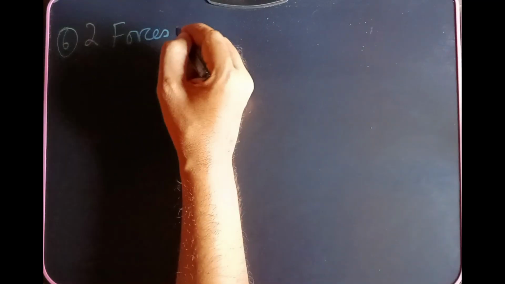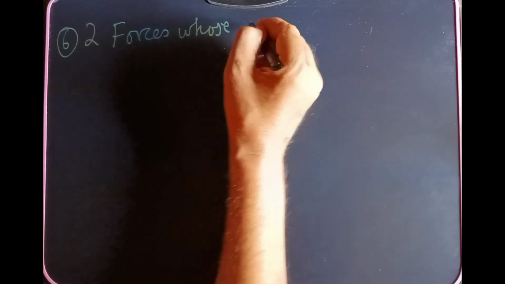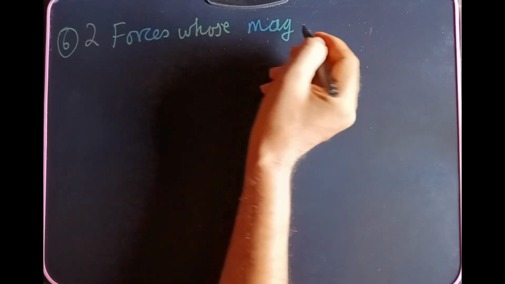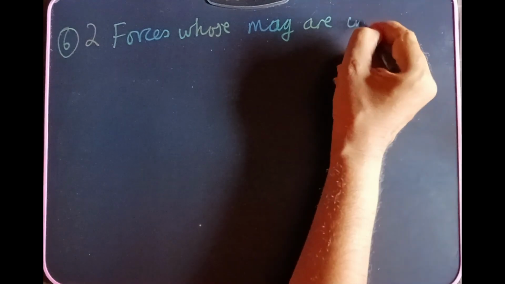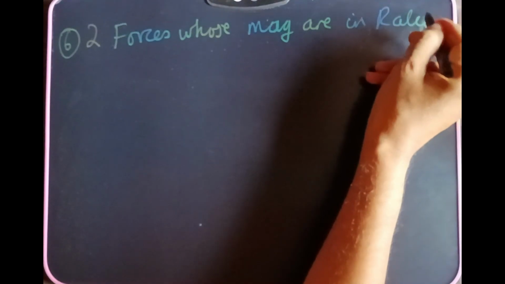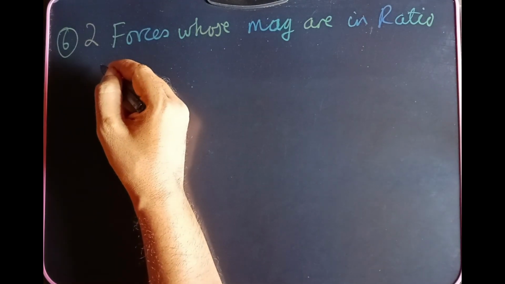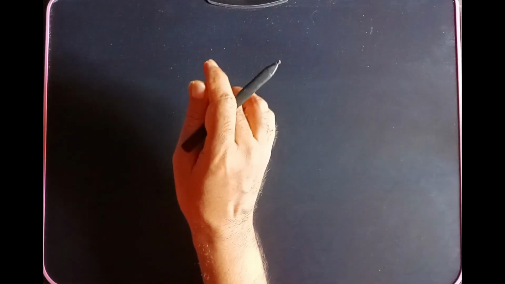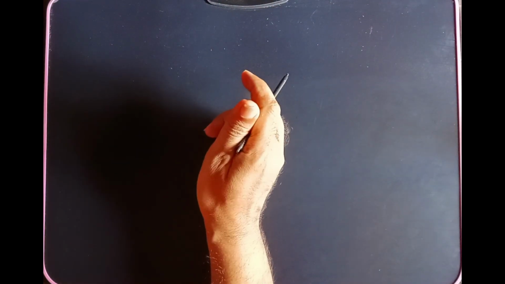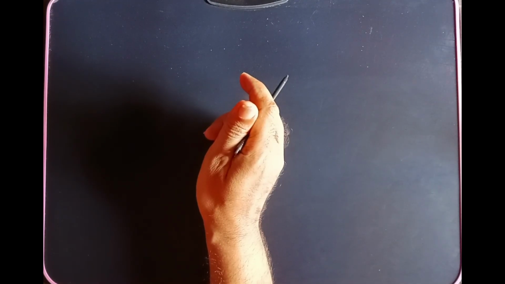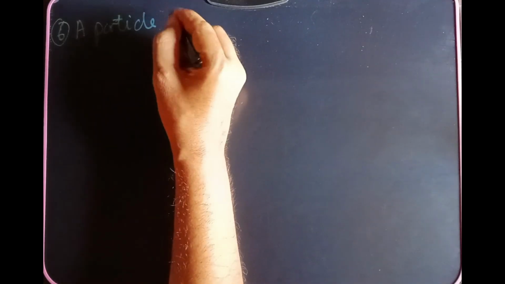Sixth problem. Two forces whose magnitudes are in ratio, not this one, six. A particle slides.